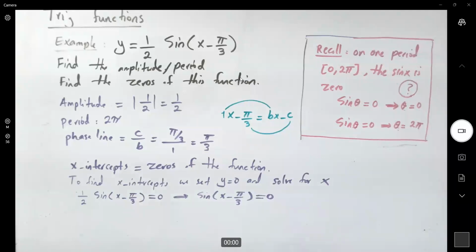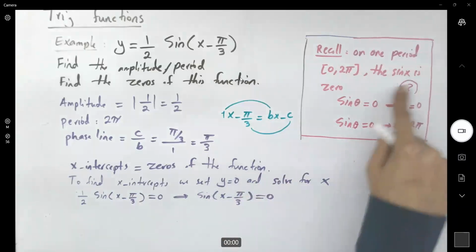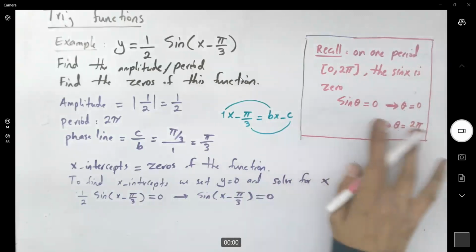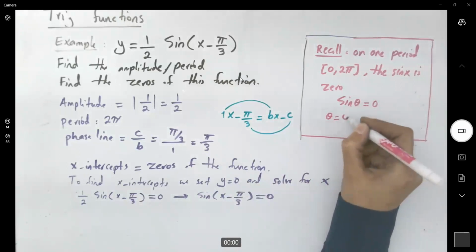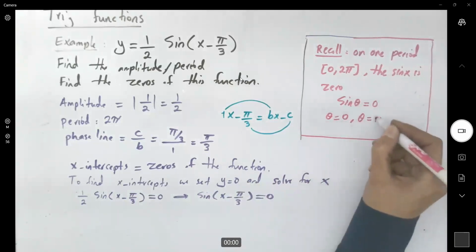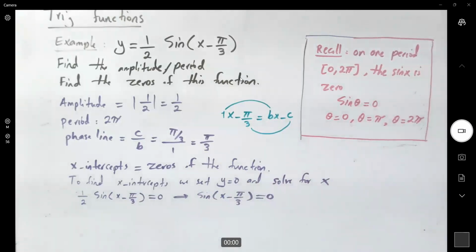Very good. So we have another angle, which is pi. So sine becomes 0 at theta equal to 0, theta equal to pi, and theta equal to 2 pi.